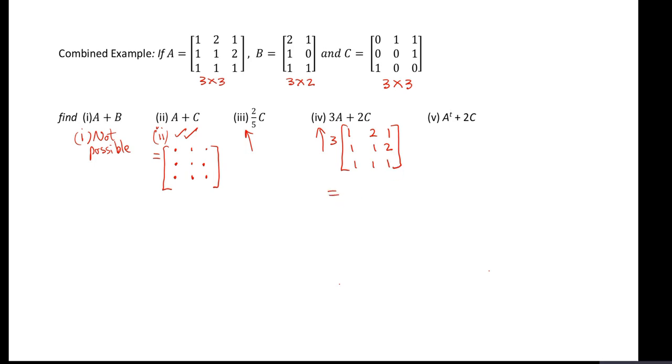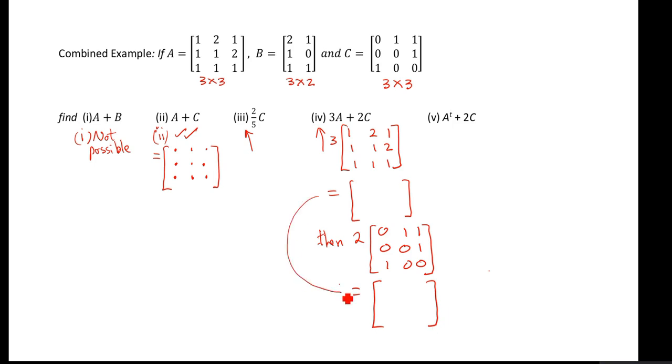You get an answer and write that in. Then you multiply 2 times C: 0, 1, 1, 0, 0, 1, 1, 0, 0. You get an answer, and then this one added to that will give you your final answer. I'm deliberately leaving that for you to complete because they are very straightforward.